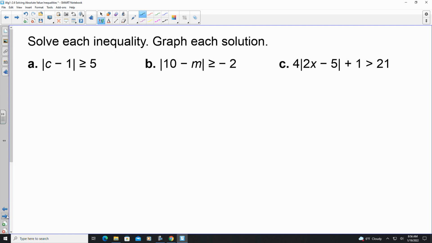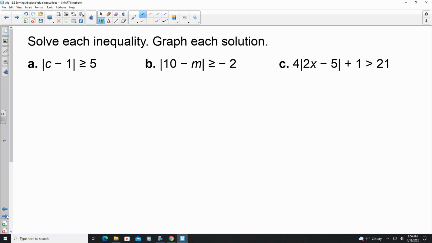If you look at these examples, let's take a look at A. So A, there is no change here, and it's positive 5, so I can go about solving this.